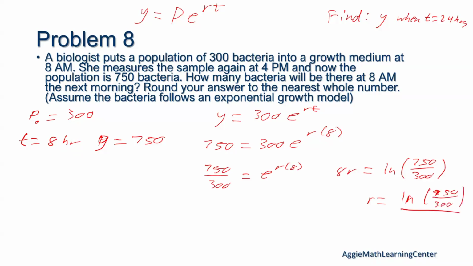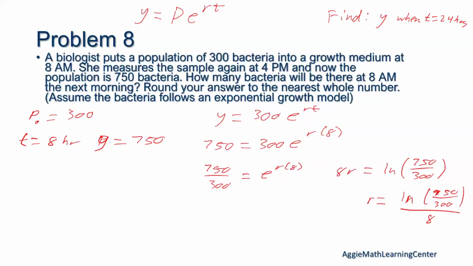Sorry for my terrible handwriting. Are there any questions on how I got r? Because if you know 2 of the variables and you plug that in, you can solve for the third one. At this time, we knew that when t equals 8, y equals 750, and so we could solve for r.